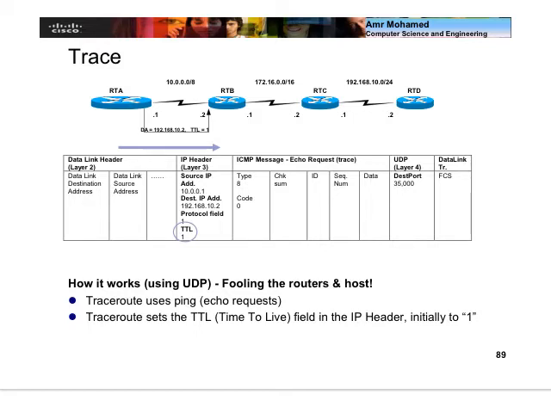Remember, the router does not have a transport layer at all, so all the routers will not process this part until you get to the final destination. The final destination will then process this UDP header. If there is an application running with this destination port, then it gives you a reply back that everything is fine. I was able to find the destination that you want.